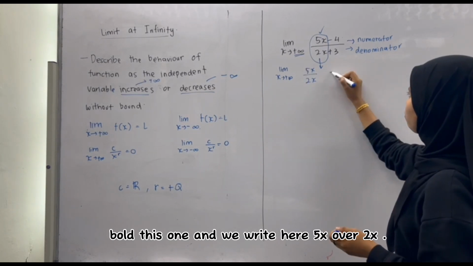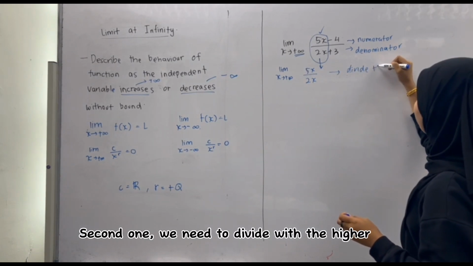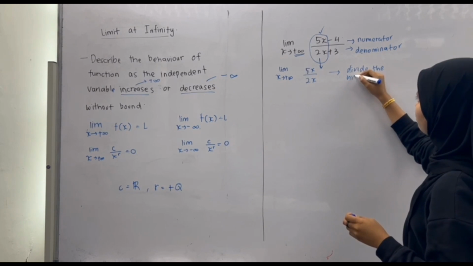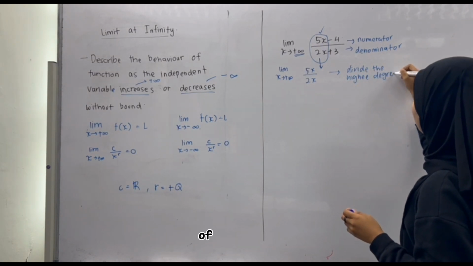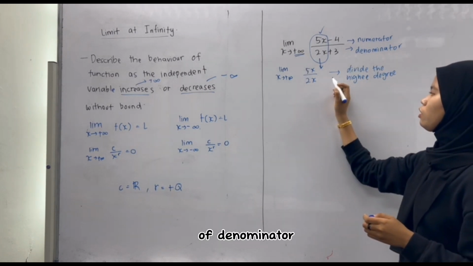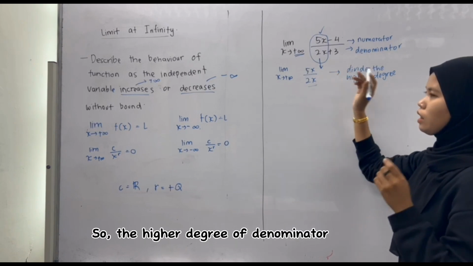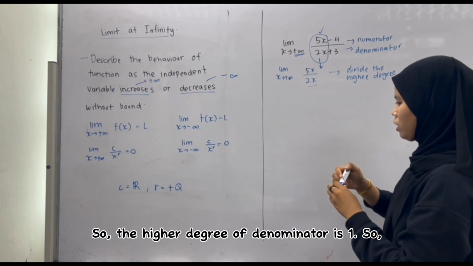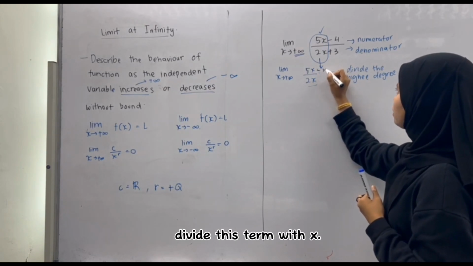Second, we need to divide by the highest degree of the denominator. The highest degree of the denominator is 1, so we divide each term by x.